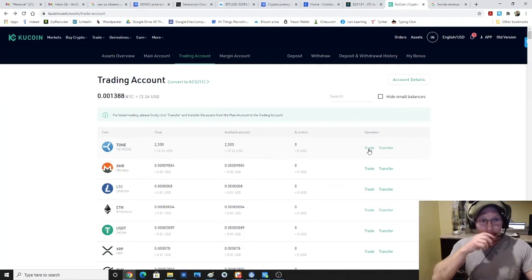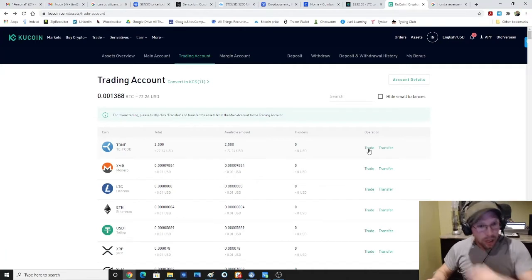But KuCoin, it's the people's exchange, so they don't hold people hostage. There might be like a fee of $3,000 or $5,000 for these new, smaller coins to get on here, and that is kind of the reason why Coinbase and Binance only have the big coins, with few exceptions.